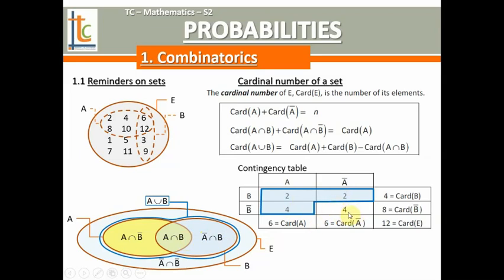Only 1 cell remains outside A union B. And it's no surprise, this is the cell of A bar inter B bar, that is this outside area. That's all for now.